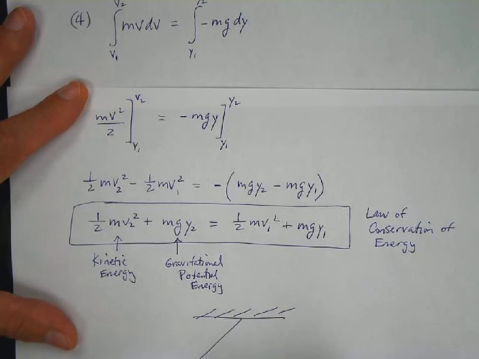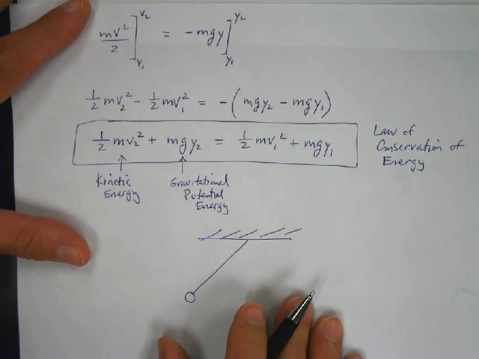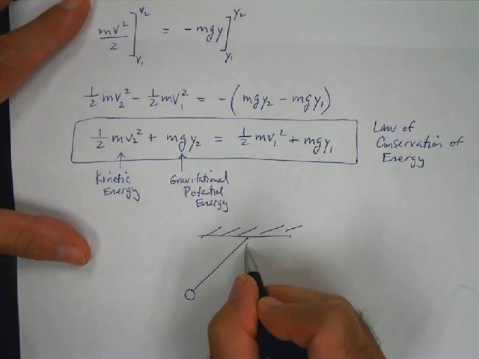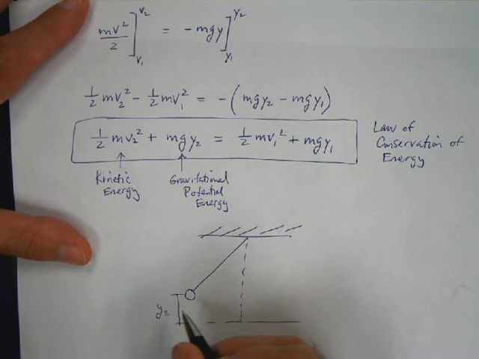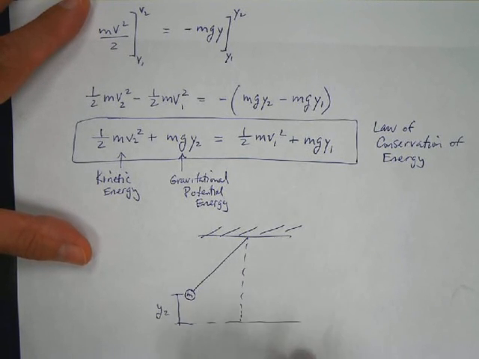What this means is, let's take an example of a ball on the end of a string. If we have a ball on the end of the string and we move it up to, let's say, this height here, we'll call it height y2, and here's our baseline height.